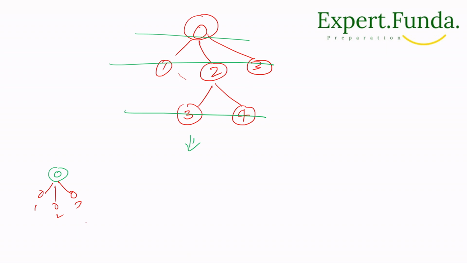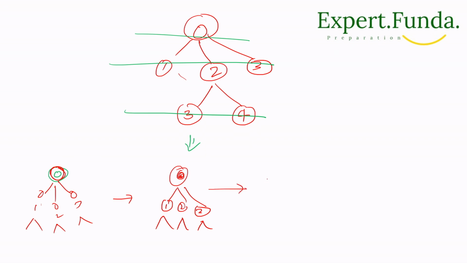Next time we will not go further. We have it here, but we will not traverse it. Next time, we have already traversed this one, so we will traverse these three, 1, 2, 3. First time we traversed this one, now we are traversing this one, that's why I'm taking it like this. Next time we will go like this.